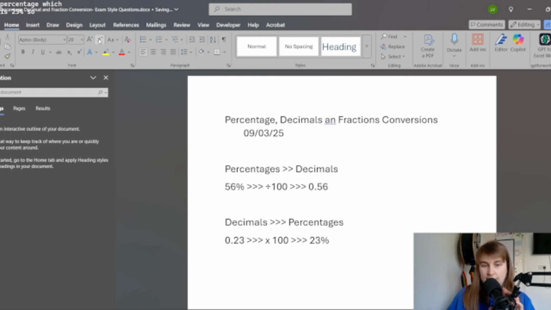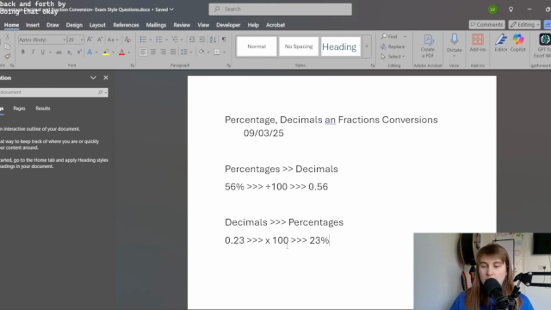So I've moved that decimal point twice to the right because I'm multiplying, and there are 2 zeros in 100. Obviously, as I mentioned before, we're using 100 because percentages are out of 100. So that's why 100 is the key number here. And we manipulate numbers back and forth by doing that.